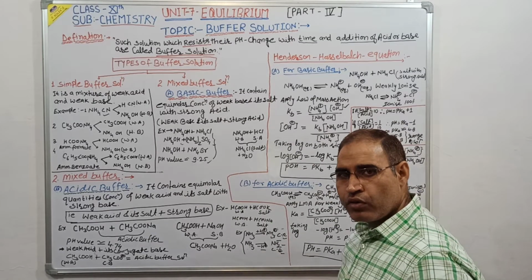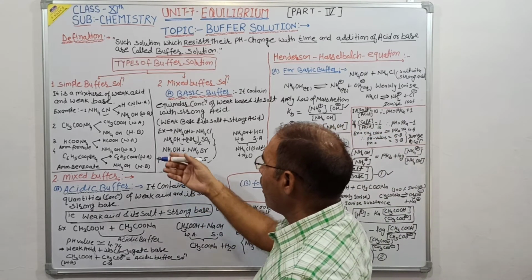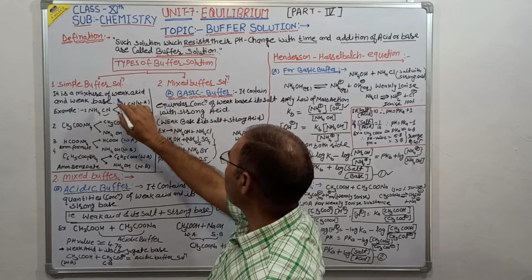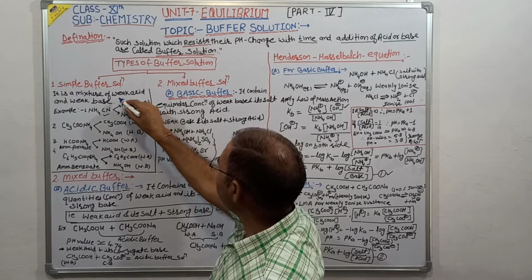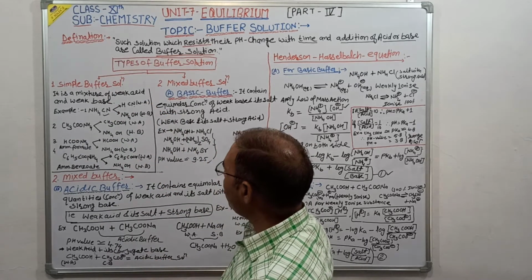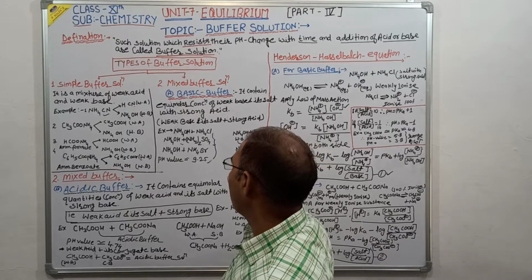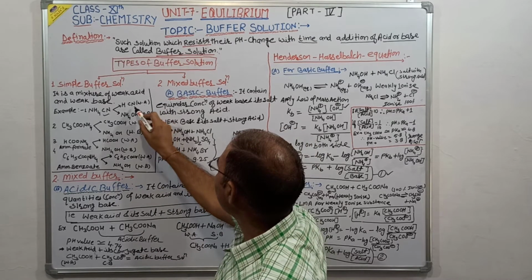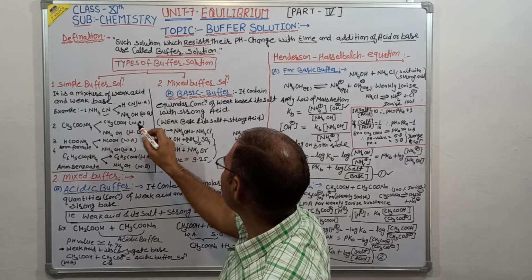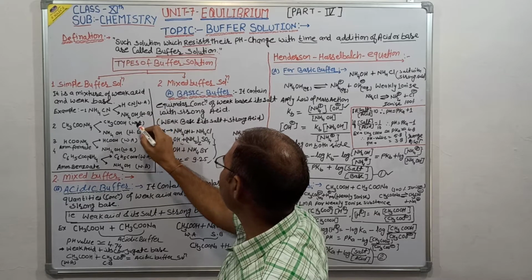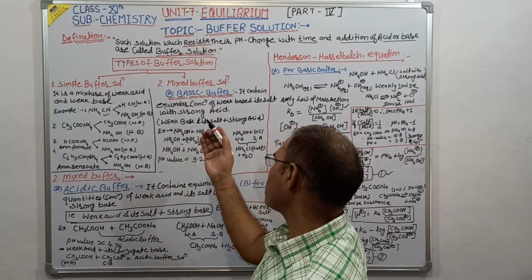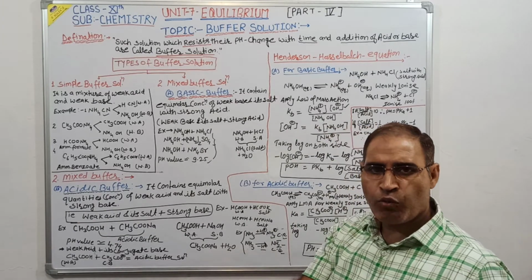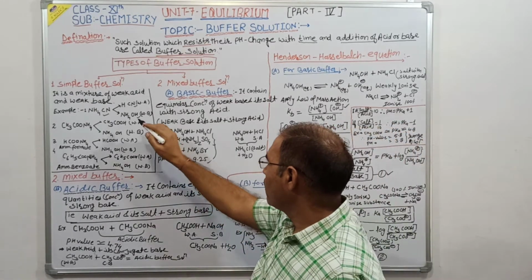A simple buffer solution is a mixture of a weak acid and a weak base. Here HCN is a weak acid and NH4OH is a weak base, mixed with each other to form ammonium cyanide.